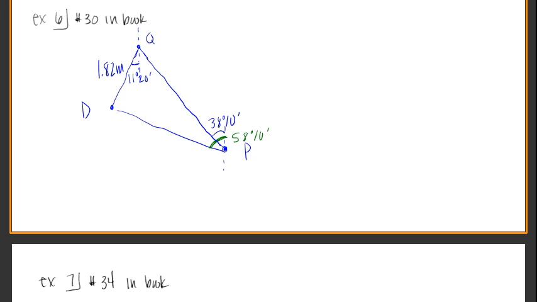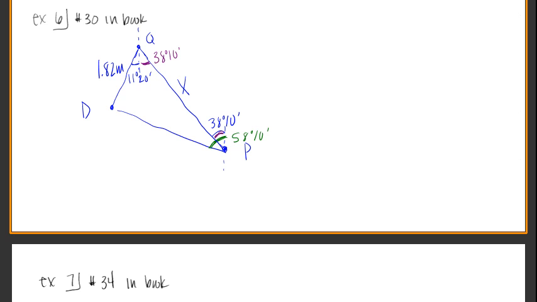So they want to find out the distance from P to Q. Okay, well, let's take some information that I know. Let's draw up some pictures. If that right there is 38 degrees 10 minutes, then this right here also has to be 38 degrees and 10 minutes.